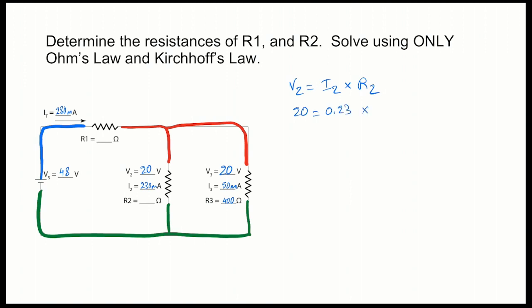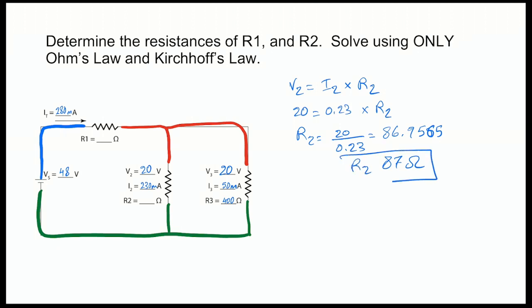The amp format is the most important. Then R2 is equal to 20 divided by 0.23. And that means R2 equals 86.9565. So you can basically say 87 ohms. That's R2. All right.